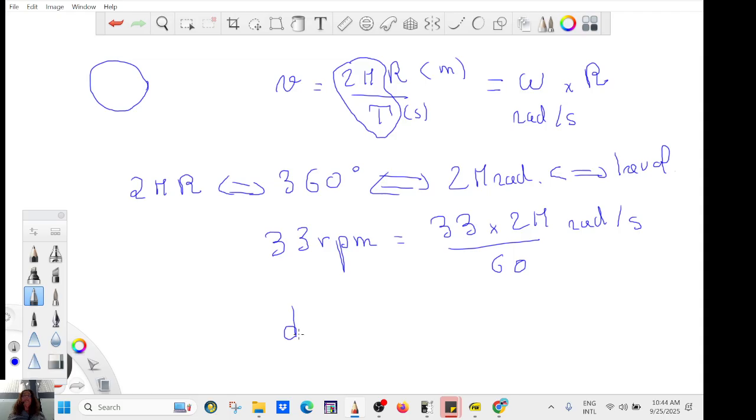The distance around will be 33 times 2 pi r. Because if you take a string and you want to find the total distance, you go once, twice, 3 times, 4 times, 33. So we did that last time. I highly recommend that you catch up if you missed.